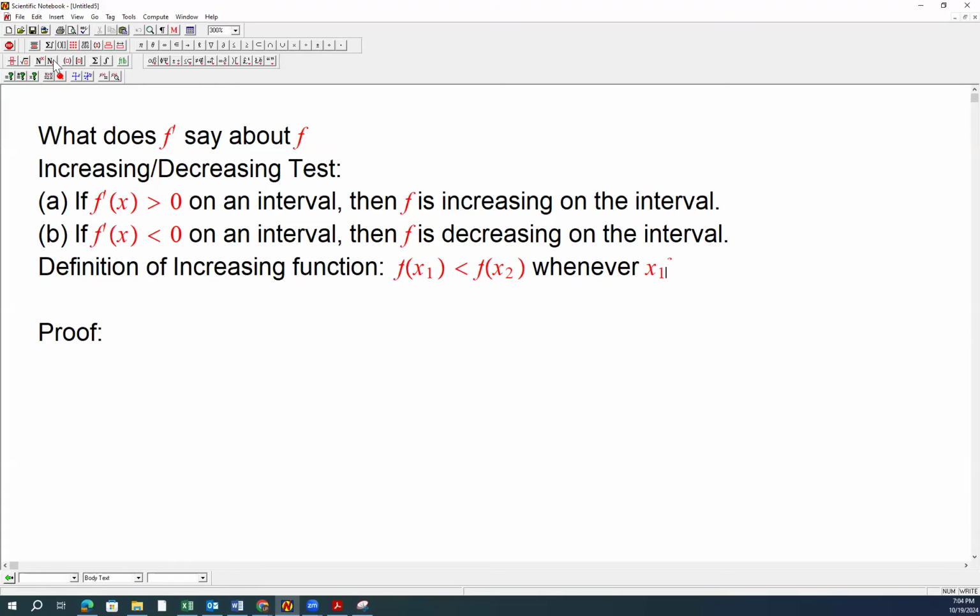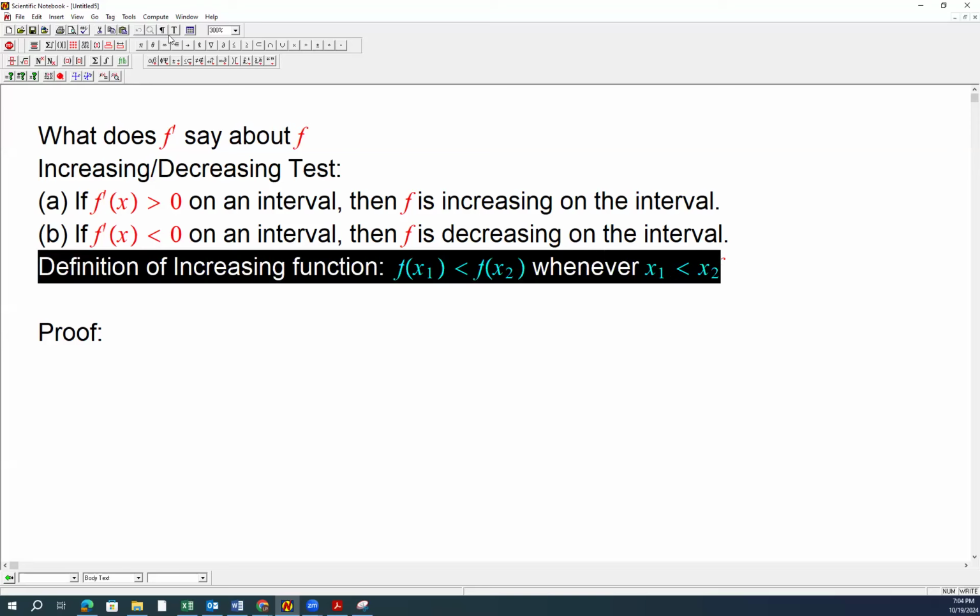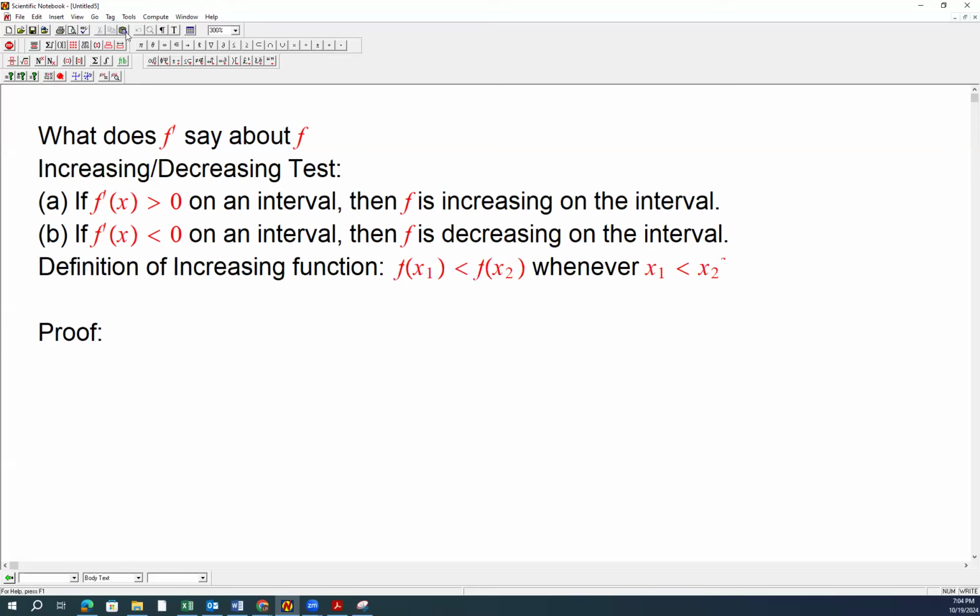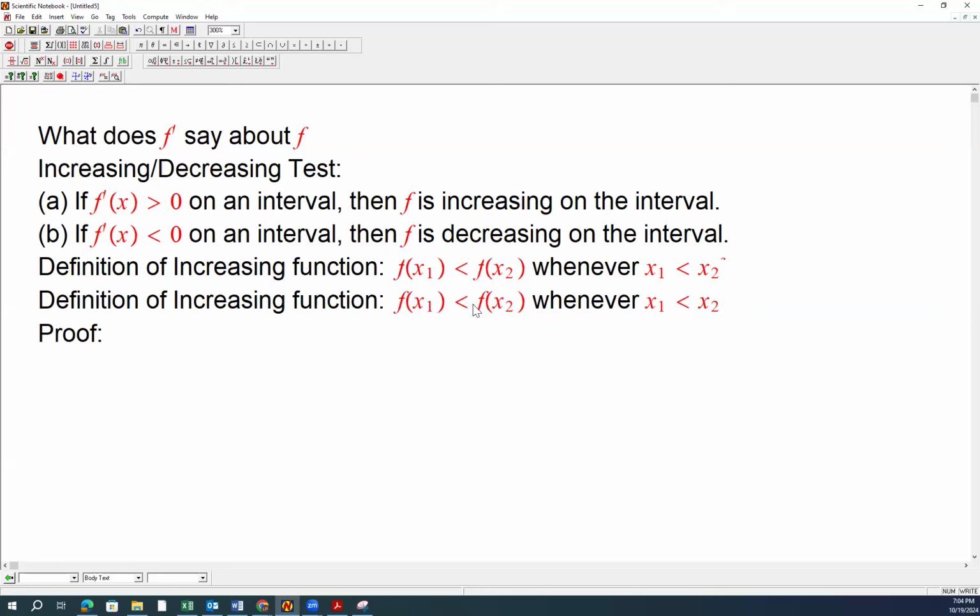This is the definition we have learned before. And of course, the definition of a decreasing function would be that f of x1 is greater than f of x2. So it's reversed.